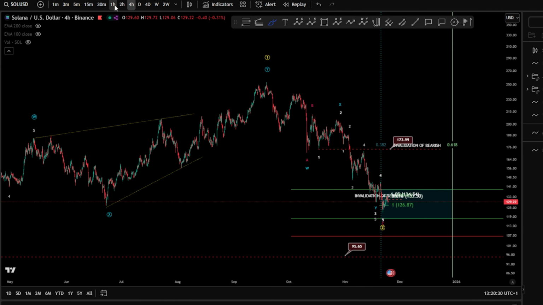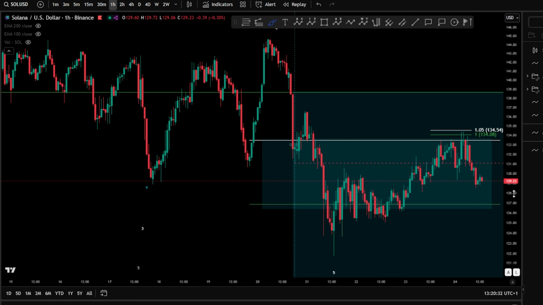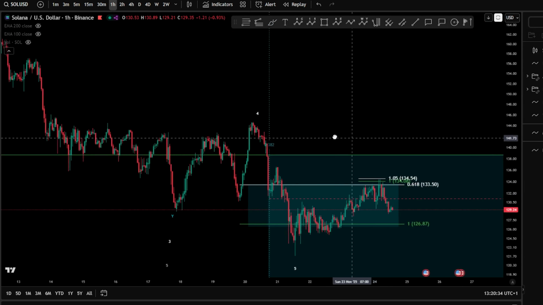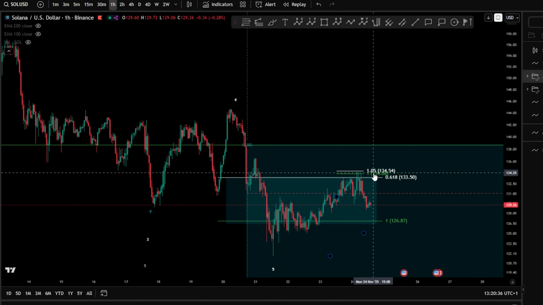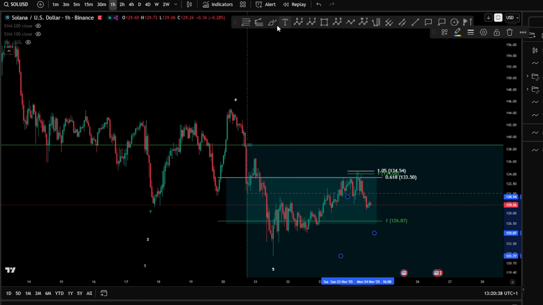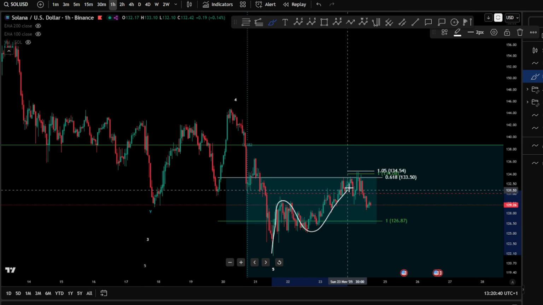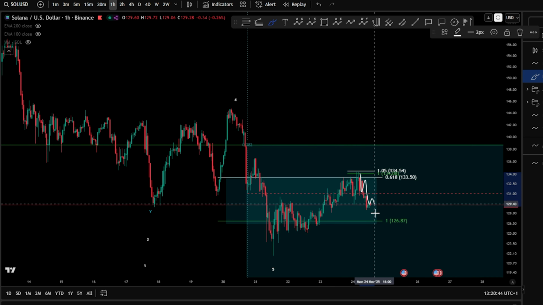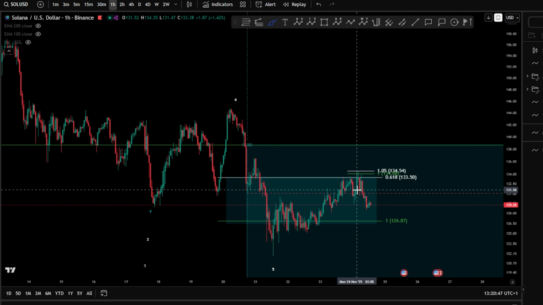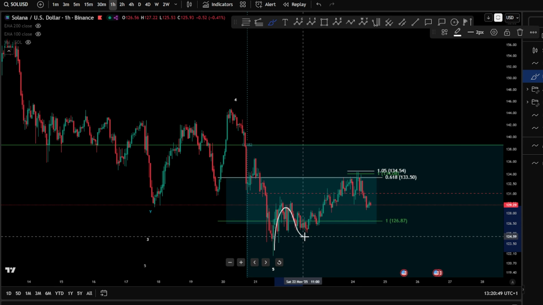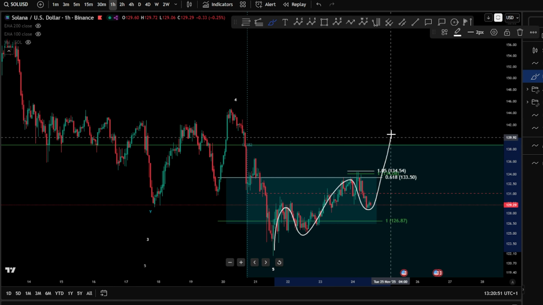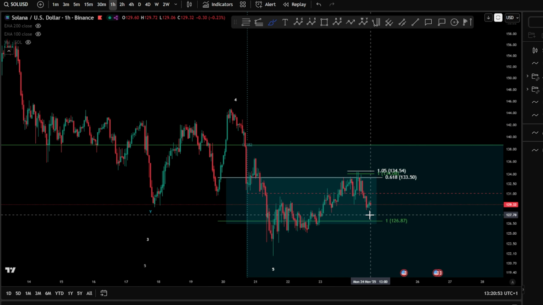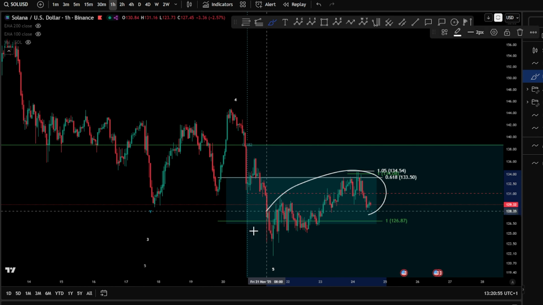Now, if we dive inside the micro again for Solana here, we can see clearly that we have hit the target that we were expecting for an A, B, and a C. In case you are in A, B, C here, you have hit perfectly the 1-to-1 fib level, and we got a reaction toward the downside. However, it's still also very likely and possible that you might get double 1 2 here, and then 3 4 5 towards the upside.